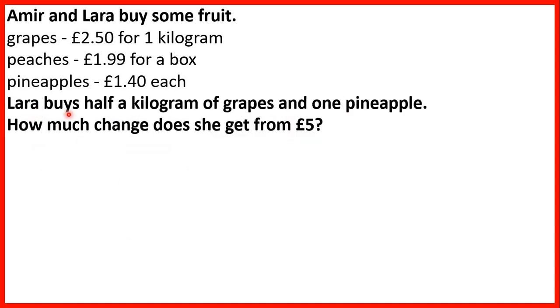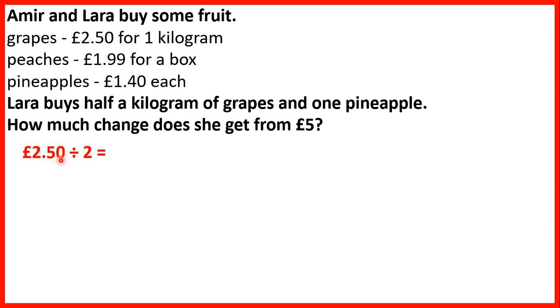Now Lara buys half a kilogram of grapes and 1 pineapple. How much change does she get from £5? So we know that 1 kilogram of grapes would cost £2.50, but because she's only bought half a kilogram, we need to find half of £2.50, and to find half, we divide by 2.